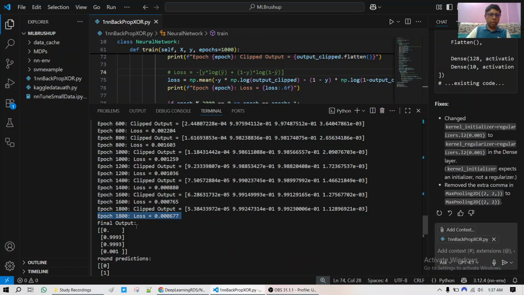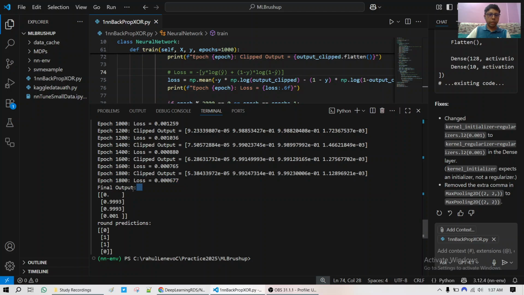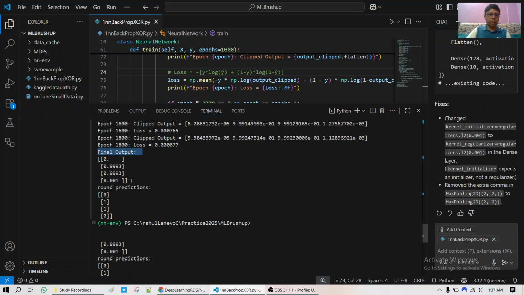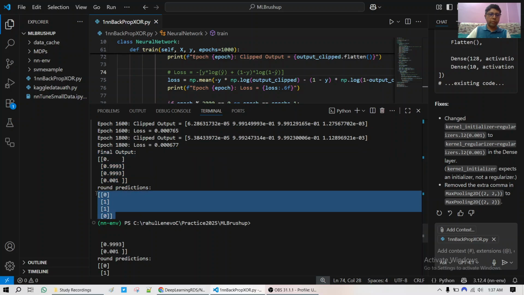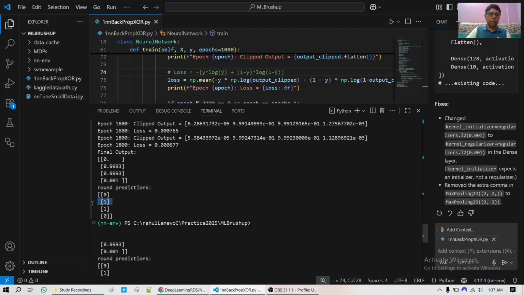After 2000 epochs, the final value is this. What the sigmoid function does is, this is zero, fine, and 0.99. So what this activation is showing is that I got 0.99, and this has to be 1.